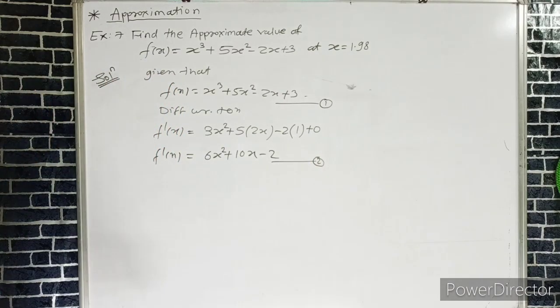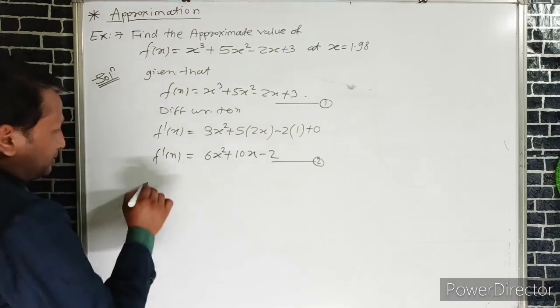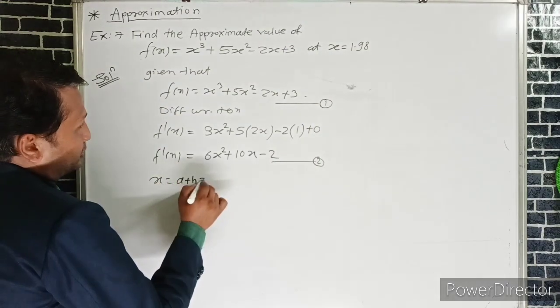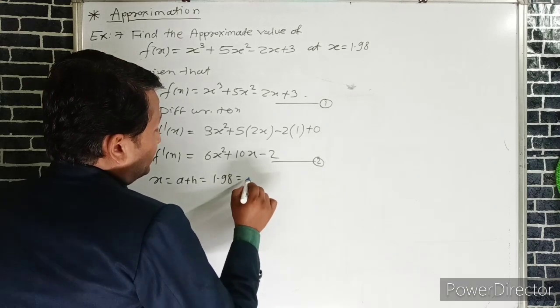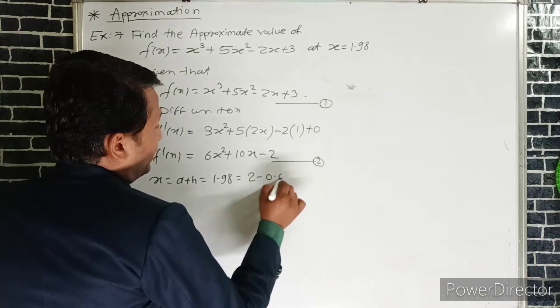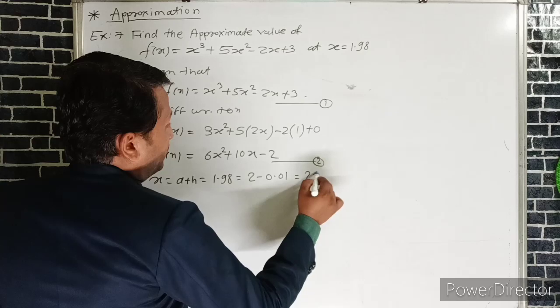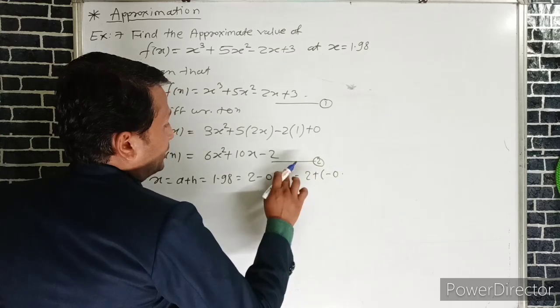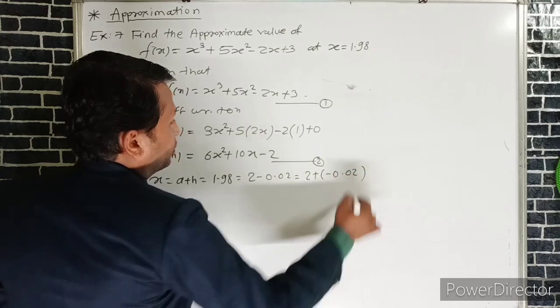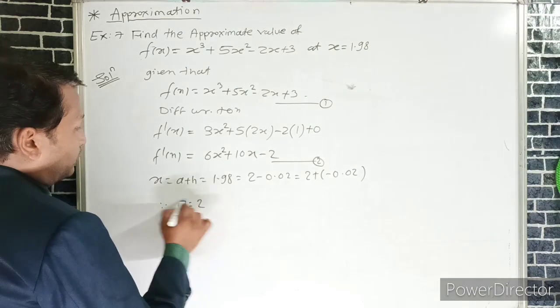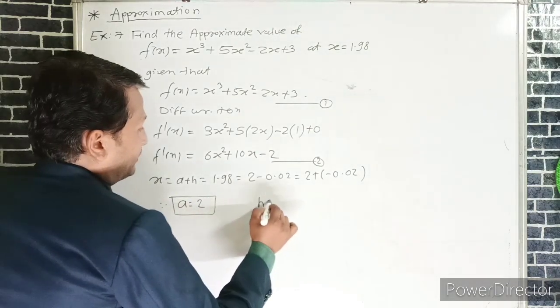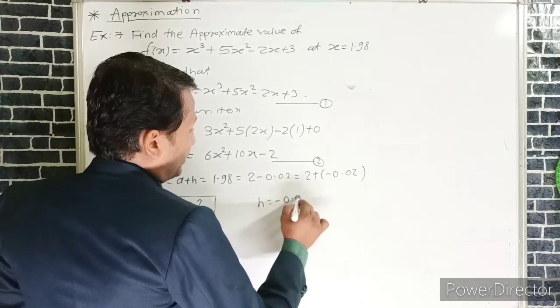We know that here x is equal to 1.98, which means x is equal to a plus h is equal to 1.98. We can write 1.98 as 2 minus 0.02. Therefore, the value of a is 2 and the value of h is minus 0.02.